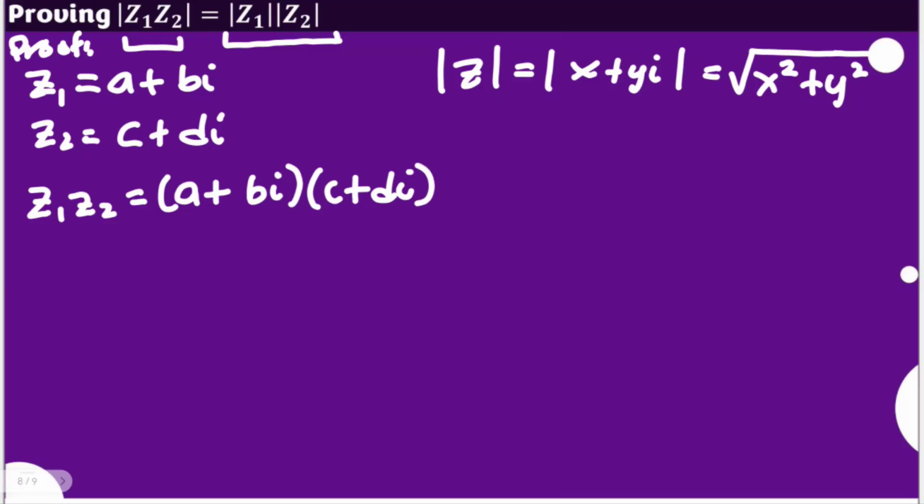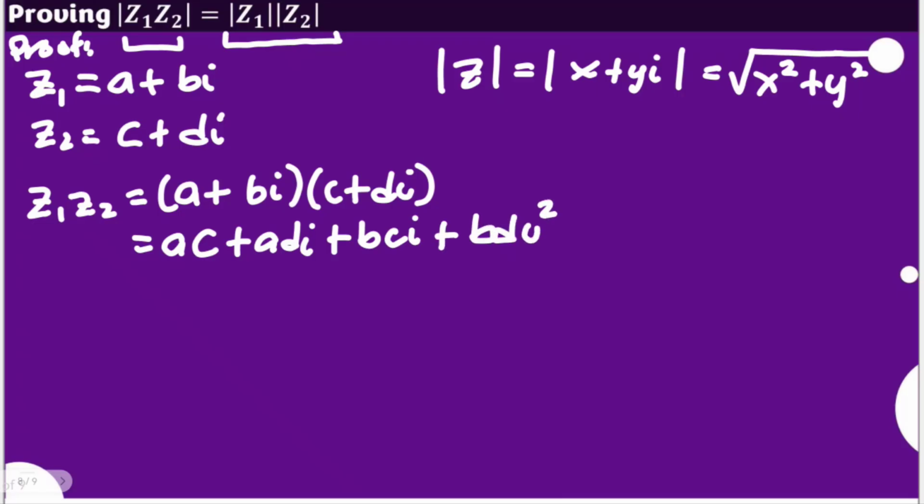Using the FOIL method, we'll get here ac plus adi plus bci plus bdi squared. So that's i squared, because we have two i's here.